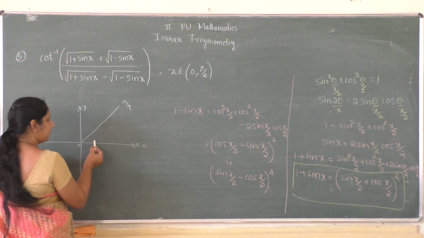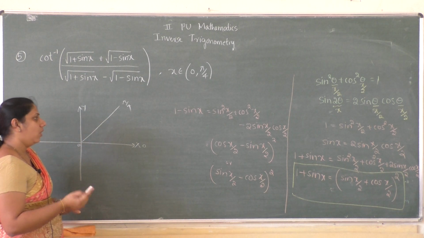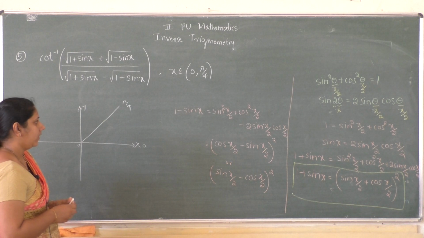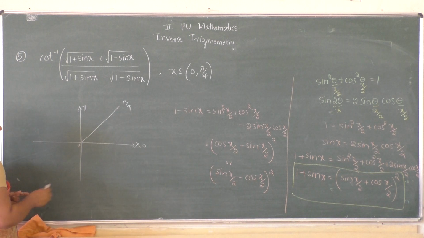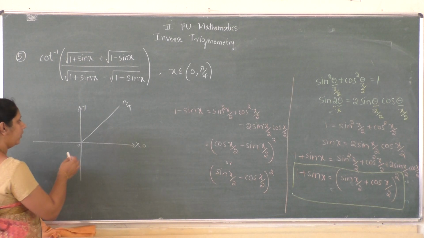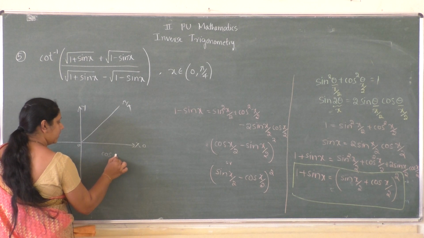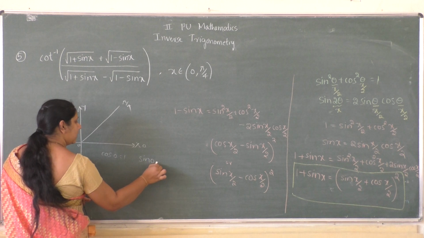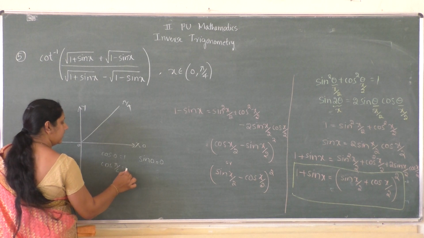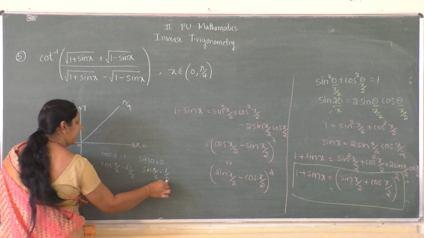As x moves from 0 to pi by 4, which value is larger, cos x or sin x? Cos 0 value is 1, whereas sin 0 value is 0. Next, check cos pi by 6. It is root 3 by 2, whereas sin pi by 6 is 1 by 2.